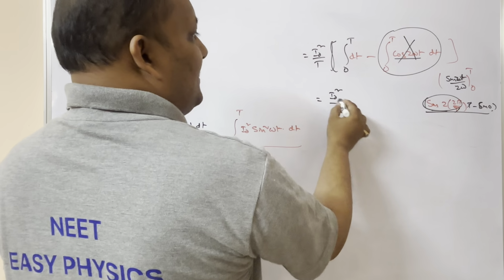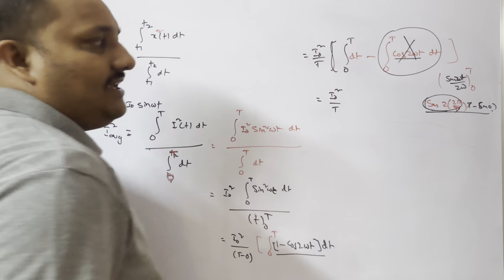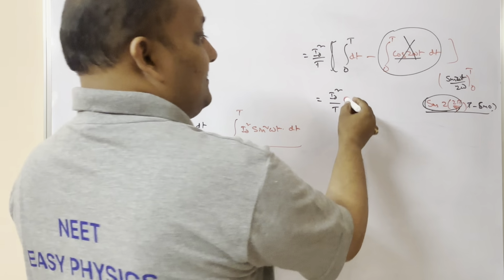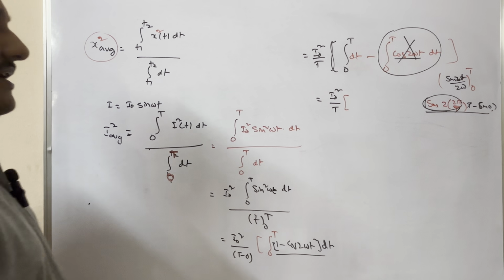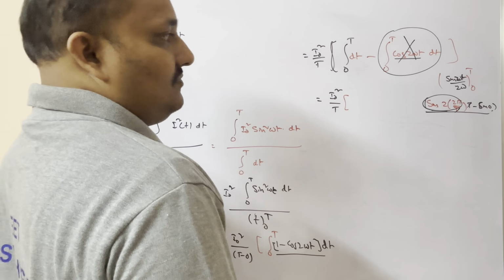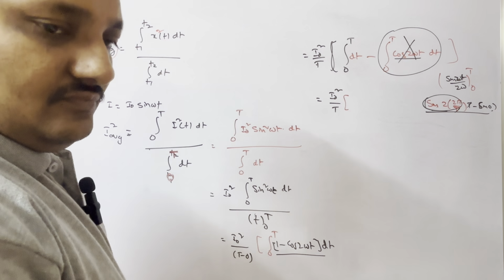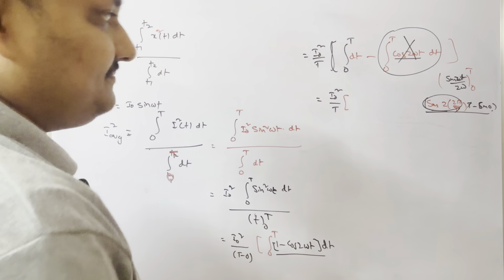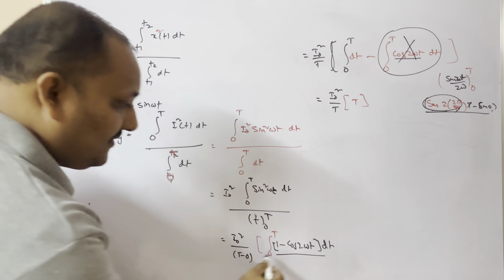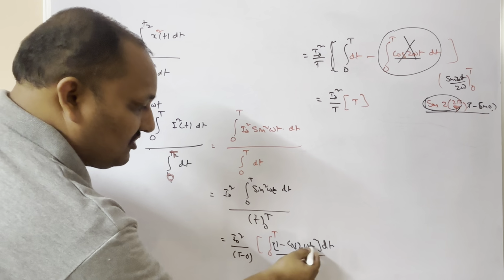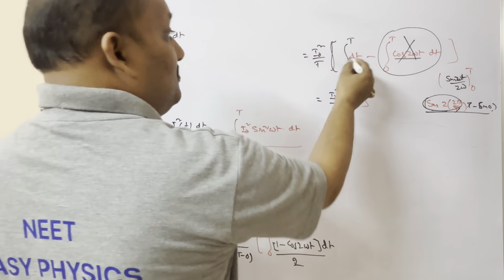So I naught square by T between the limits 0 to T. So what you are going to get between the limits 0 to T? 0 to T is nothing but T. So here we forgot to write divided by 2. 1 minus cos 2 omega t by 2.